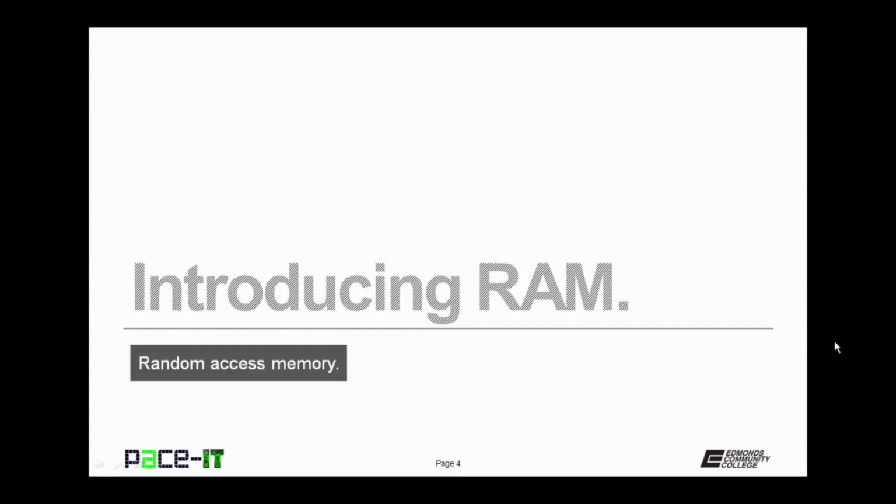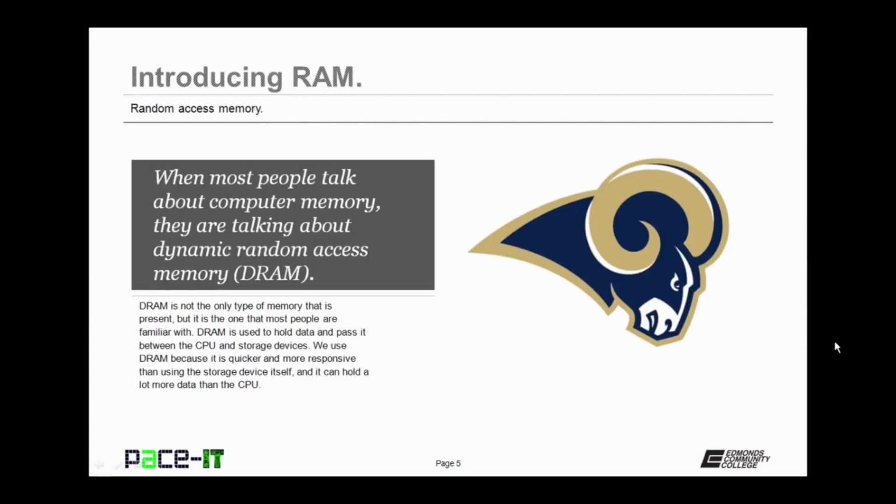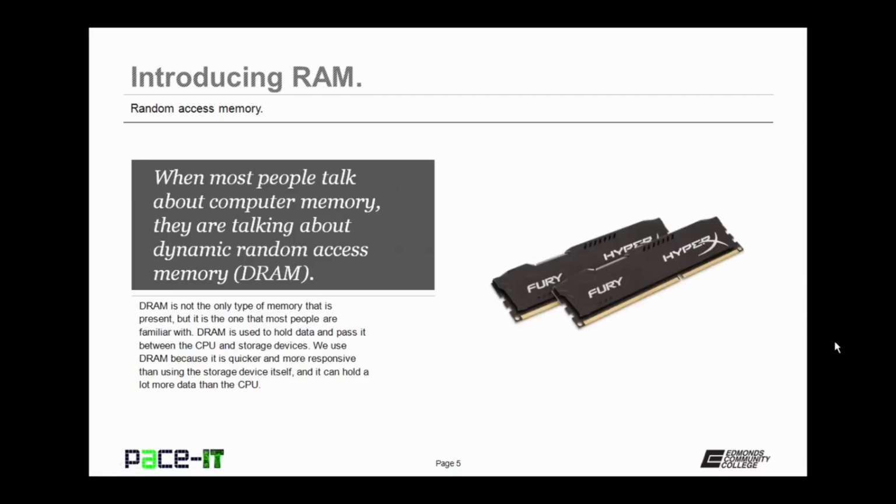And of course, I'm going to begin by introducing RAM. When most people talk about computer memory, they're talking about dynamic random access memory, DRAM, not the St. Louis RAM. DRAM is not the only type of memory that is present, but it is the one that most people are familiar with.